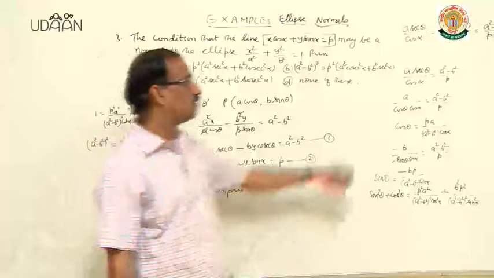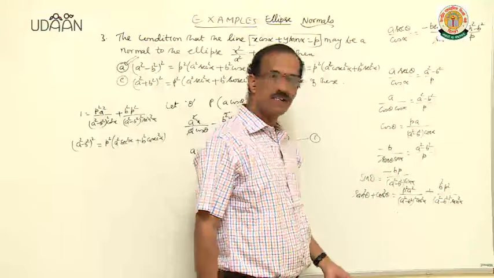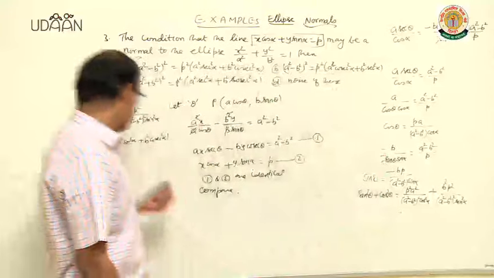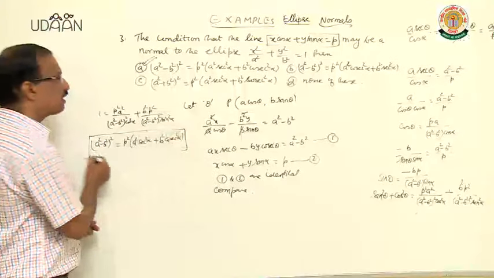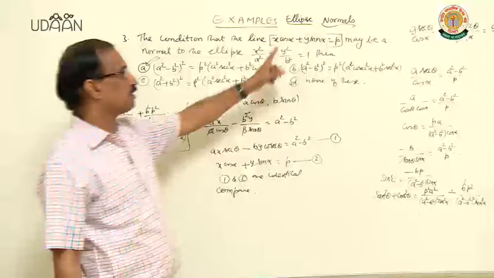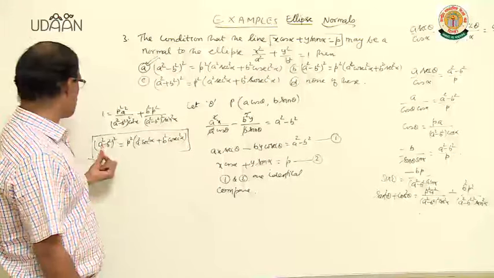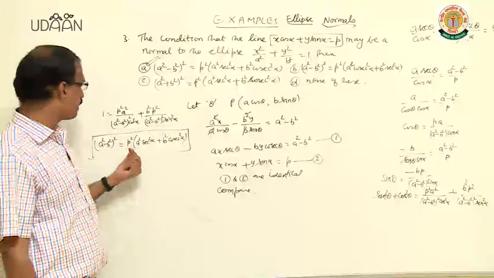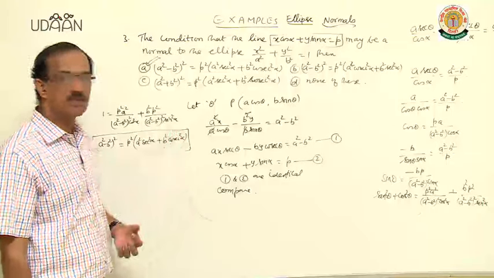From there we get cos theta and sin theta. So from that relation, the condition for x cos alpha plus y sin alpha equal to p to be a normal to this ellipse is a square minus b square the whole square equals p square into a square sec square alpha plus b square cosec squared alpha.